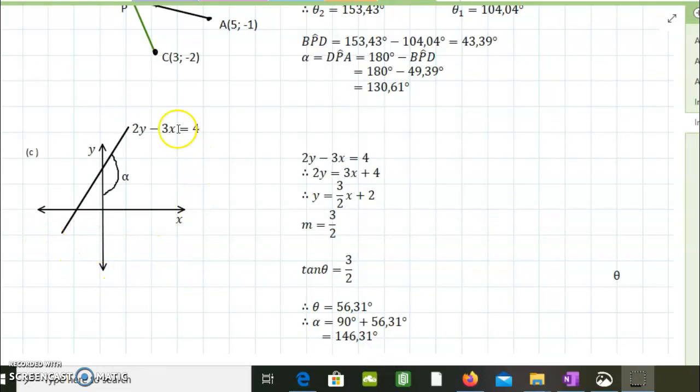Let's look at this last example here. Here we have this angle alpha, and we want to determine the size of this angle. Notice it is the angle between this line 2y minus 3x equal to 4 and the y-axis. So we're going to follow our guidelines. We're going to draw a horizontal line to the point where these two lines which make up that angle intersect each other.